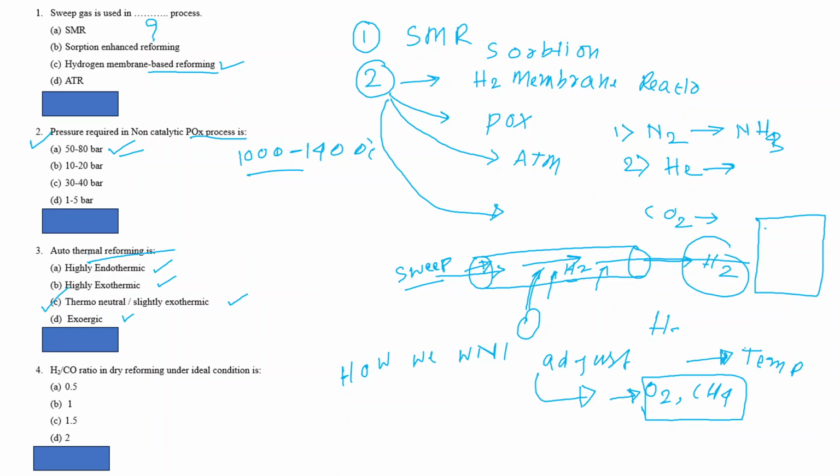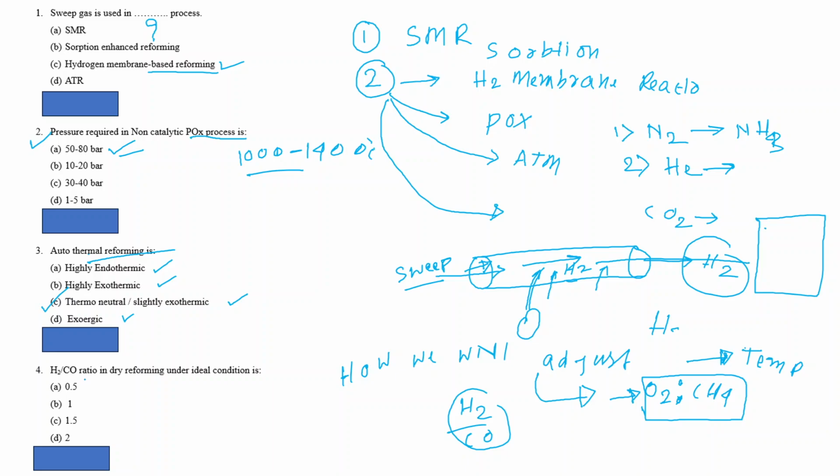If I take different proportions of oxygen and CH4, the different ratio will produce a different hydrogen to CO ratio, and a different temperature is required. The optimum temperature will also differ. So according to your input you have to decide the reaction temperature, or the hydrogen to carbon monoxide ratio will be decided, I mean.